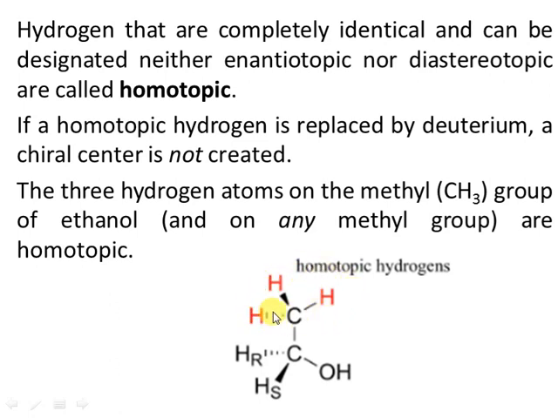So these three hydrogens are identical, so you cannot get a chiral center by replacing any of these hydrogens with any other substituent, right? Therefore the methyl hydrogens of this ethanol are called homotopic hydrogens, right? So this is homotopic and these are enantiotopic, and if we get a diastereomer by replacing these hydrogens, then they would be called diastereotopic.